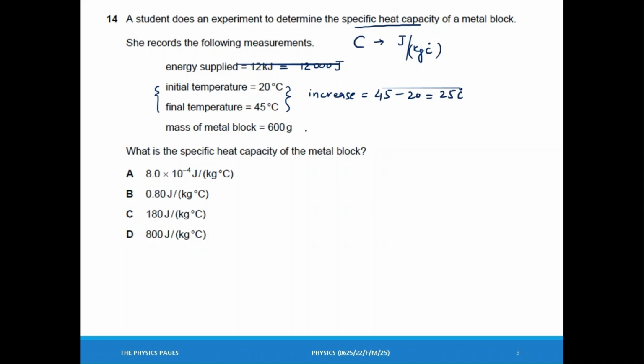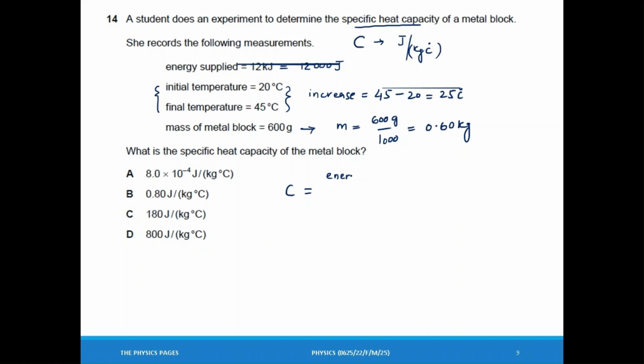Whereas mass is 600 gram, and mass can have the unit of kilogram. So from gram to kilogram, I need to divide by 1000, so I get 0.60 kilogram mass.